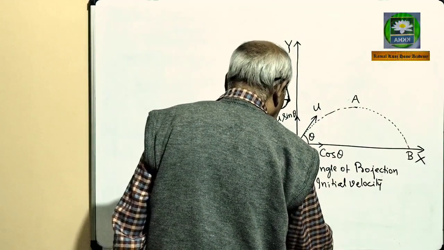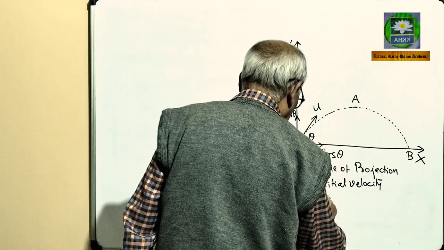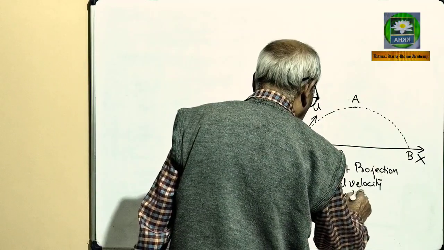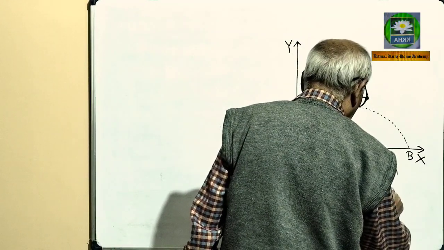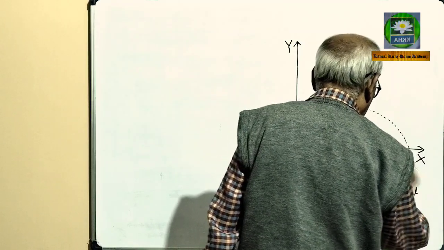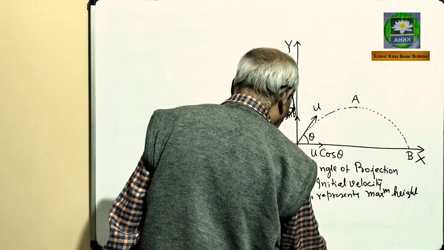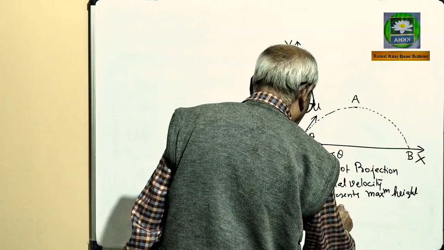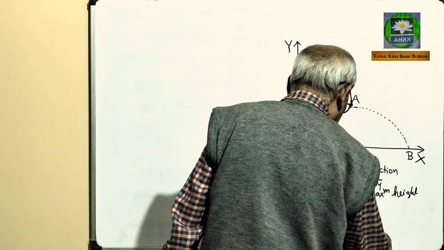Point A represents maximum height and OB represents horizontal range or simply range.